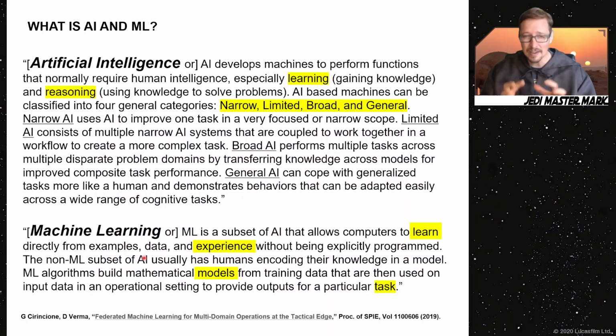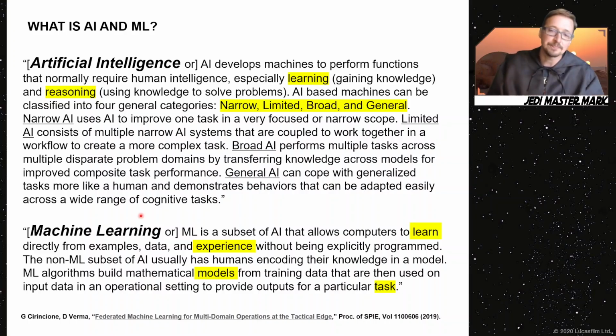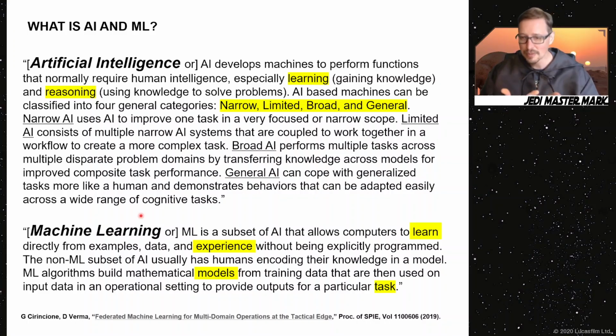Machine learning is a subset of AI. So AI can function without machine learning, but machine learning is becoming more the common practice of how these artificial intelligence algorithms operate. What machine learning does is allow computers to learn directly from examples, data, and experience without being explicitly programmed.